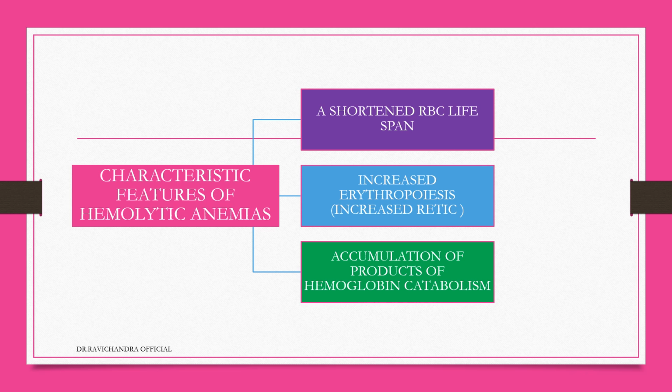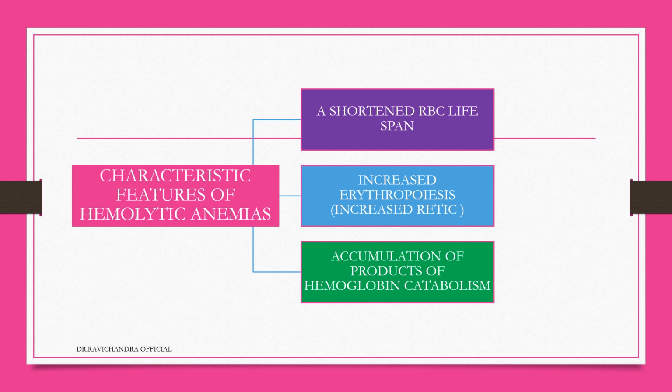Now coming to the characteristic features of hemolytic anemia. Hemolytic anemia means there is hemolysis of the red blood cells. So there will be a shortened RBC lifespan and a bone marrow response resulting in increased erythropoiesis, that is, a raised or high retic count, reticulocytosis.